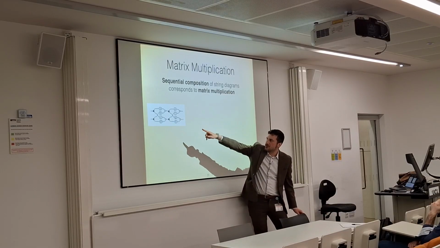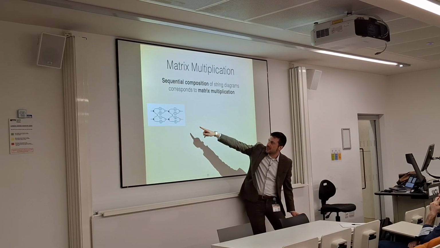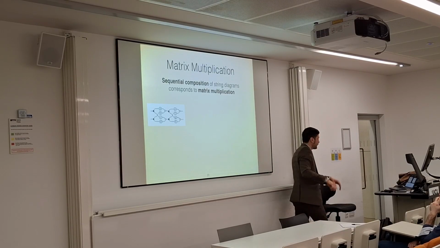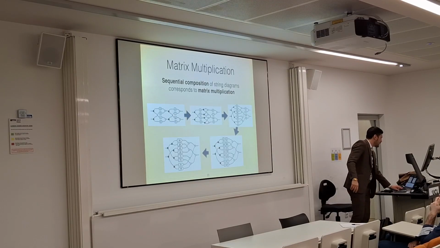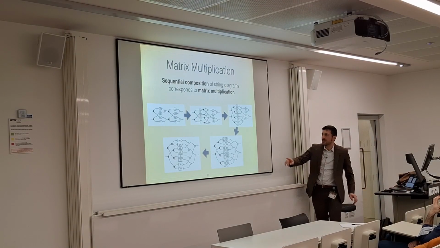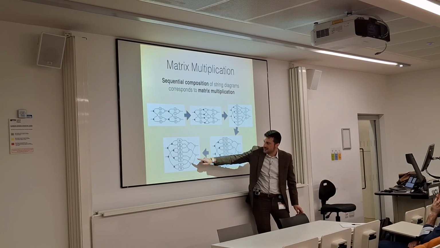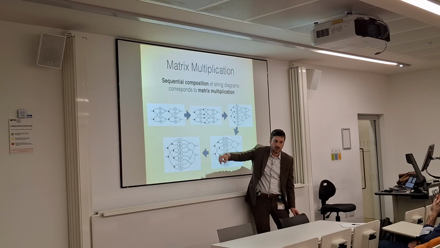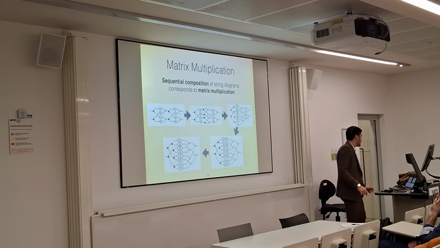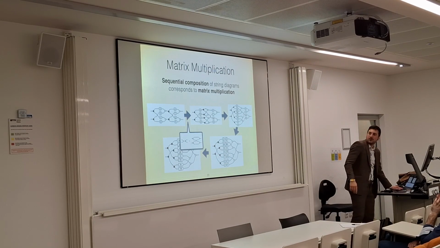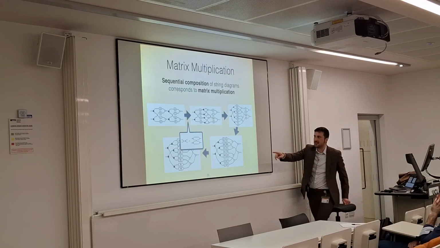Suppose you have a 2 times 2 matrix and you put it together with another 2 times 2 matrix. Now using the equations we had, we transform our string diagram, it becomes this. And this is exactly the 2 times 2 matrix that represents the multiplication of those 2 matrices. So what we did at each step: first we used this law here.